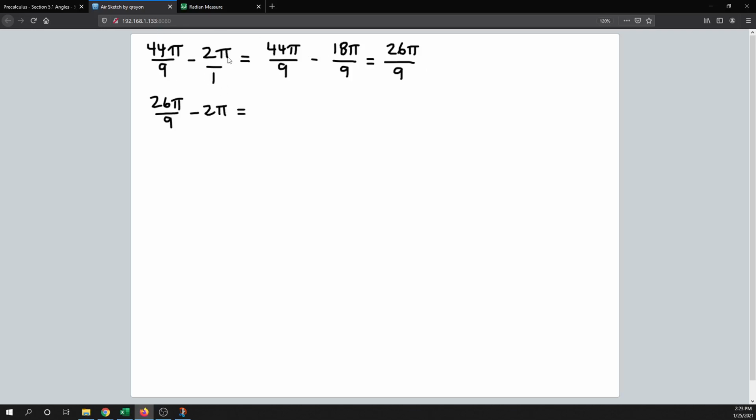When you turn 2 pi into a common denominator, it's going to be 18 pi again. So it's going to be 26 pi over 9 minus 18 pi over 9. Now that we have a common denominator, we just subtract the tops. 26 minus 18 is 8.